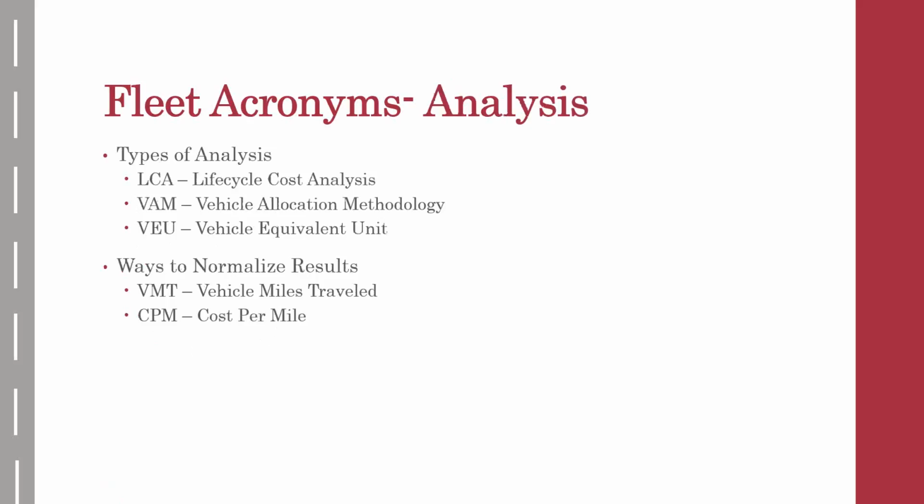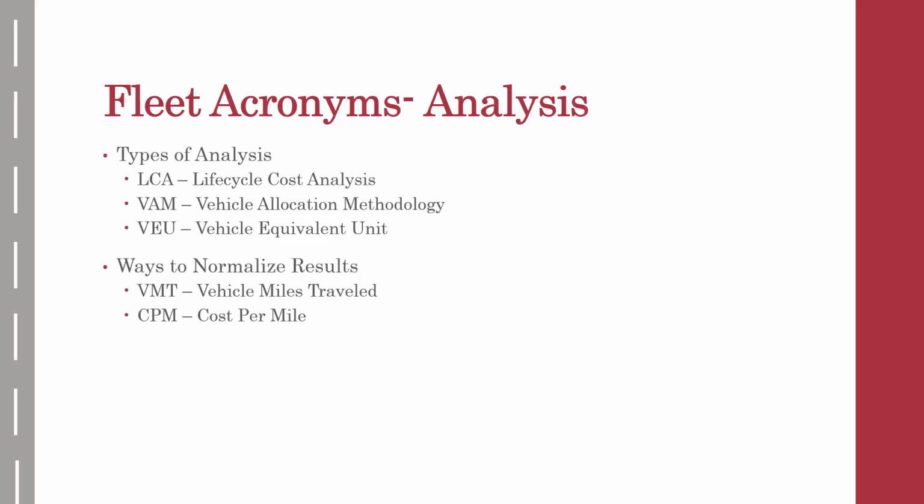We're going to talk about analysis. So we've talked about the systems that gather the data. We've talked about the data itself that can be gathered, and then all of that data gathering is supposed to lead to something, and this is where analysis is used to turn data into information for making decisions about your fleet program.